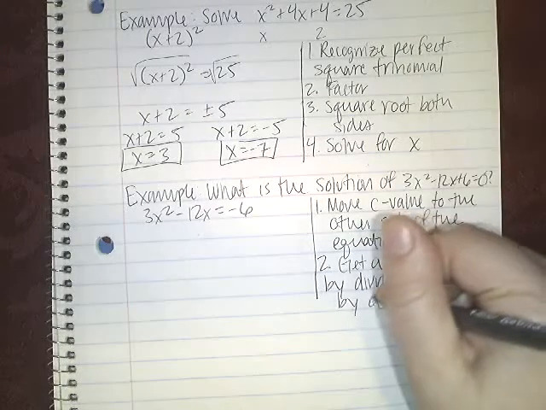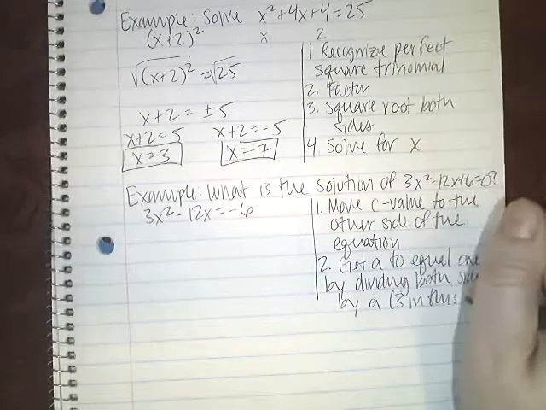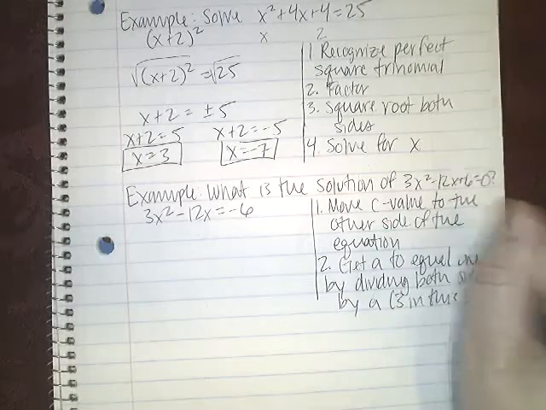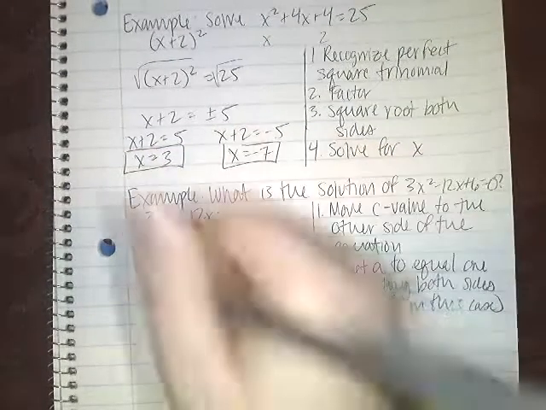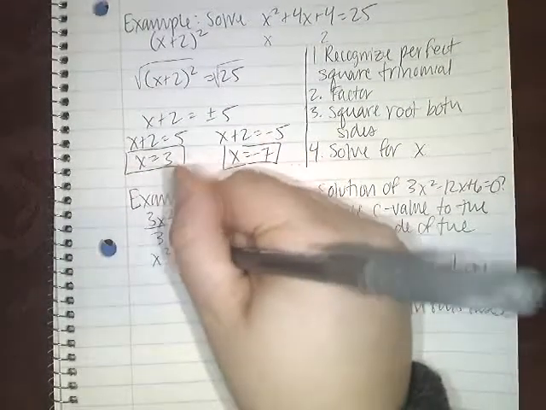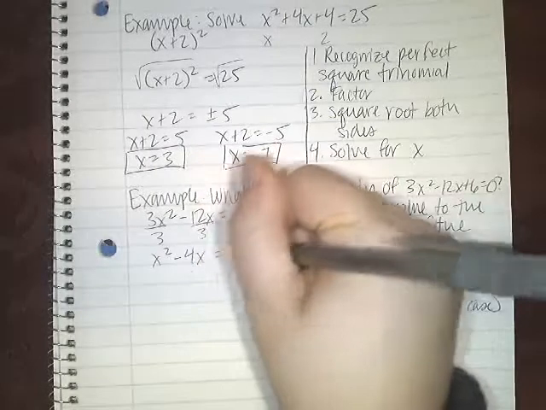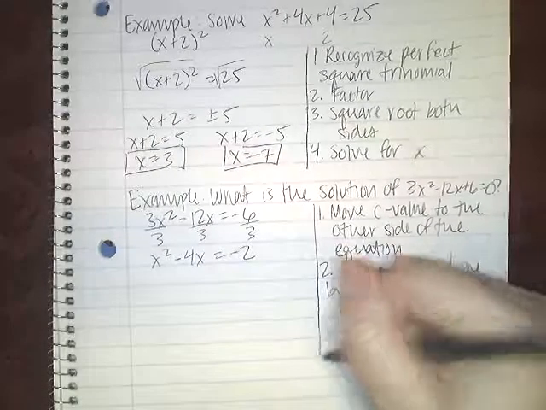In this case, it's going to be 3. So I'm going to divide all these parts by 3, so I get an a value of 1, which leaves me with x squared minus 4x equals negative 2. So now this is my new equation. I've gotten a to equal 1.